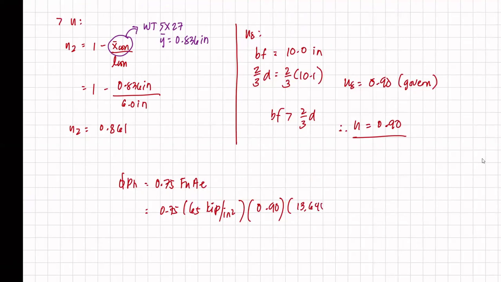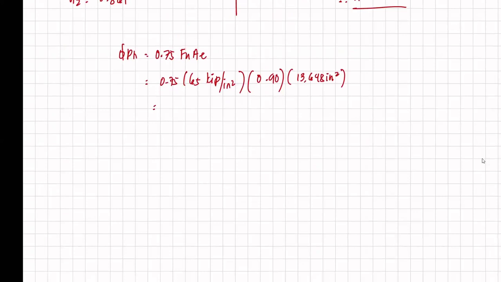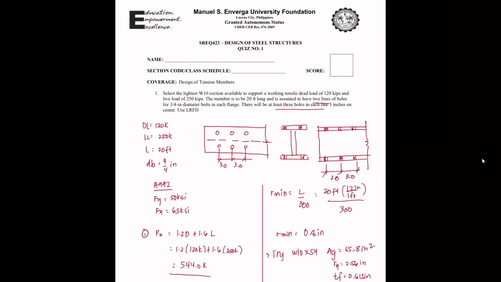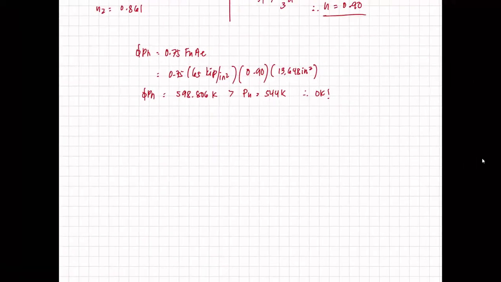Okay. 0.75 times 65 times 0.9 times 13.648. That is equals to 598.806 kips, which is comparing with our PU with value of 544, that is greater than, therefore okay. So safe tayo for that section rupture.